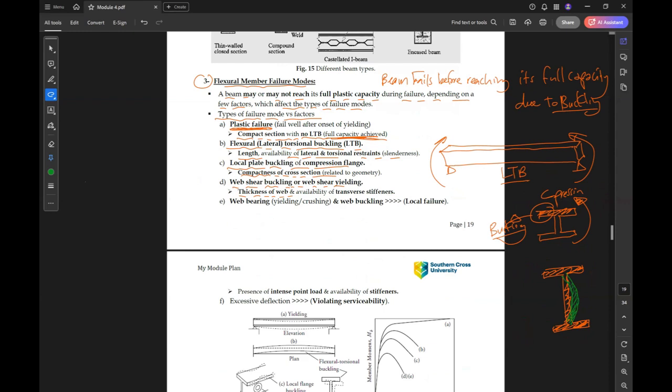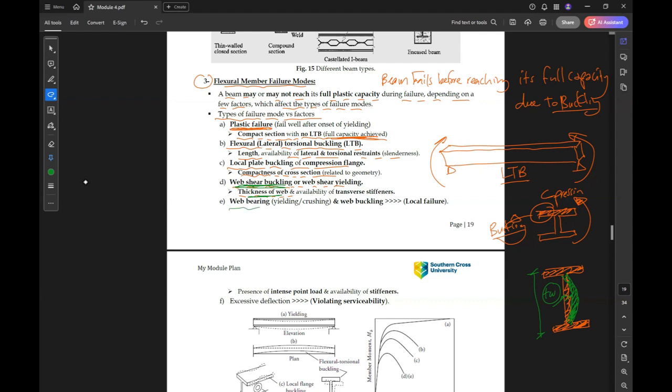So this is the web buckling. This mode of failure is called web shear buckling due to the thickness of the web. So the web is high and the thickness of web is small, so that the web buckles.